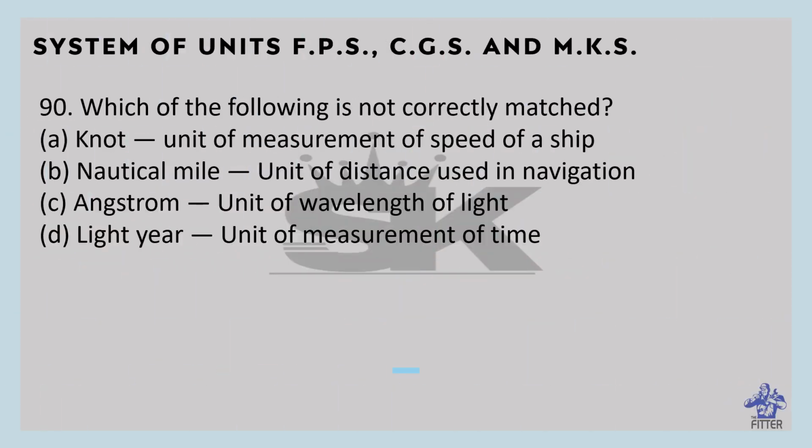Which of the following is not correctly matched? Not unit of measurement of speed of ship. That's right. Nautical mile, unit of distance used in navigation. Angstrom, unit of wavelength of light. Okay. Light year, unit of measurement of time. That is wrong.